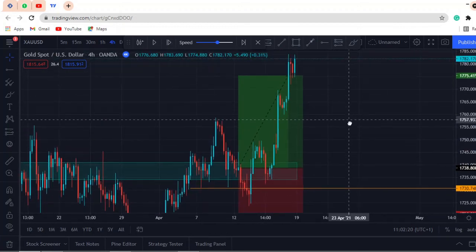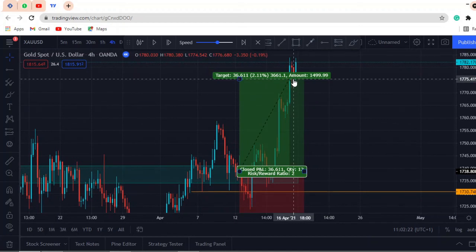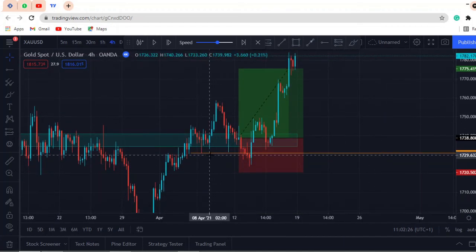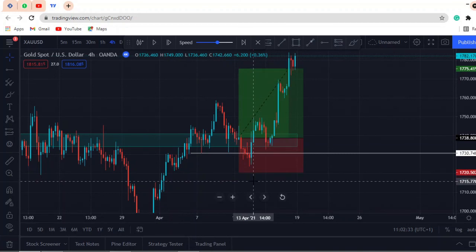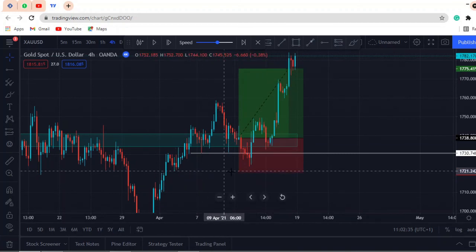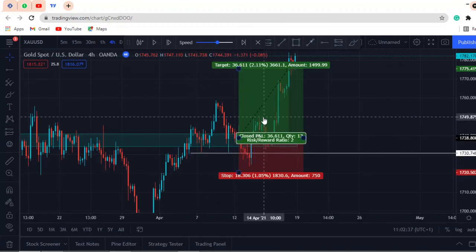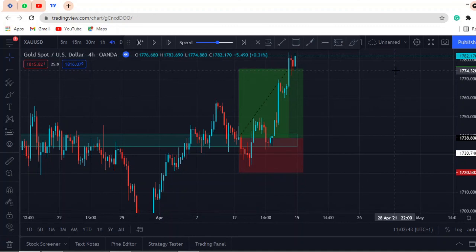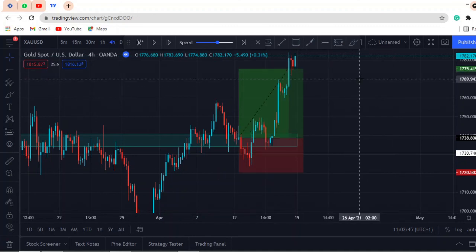Good, it went all the way to hit our 2 times. So if you had placed your stop loss at this white line, it came and smashed you. But since we put our stop loss below this level, it went up again and came all the way to hit our 2 times reward.